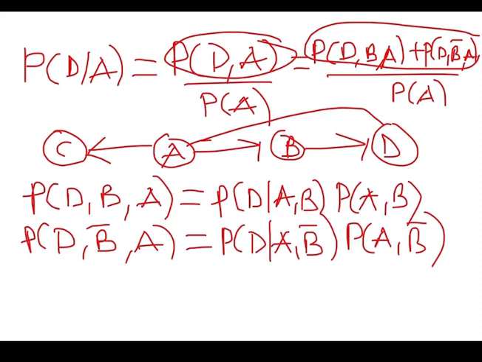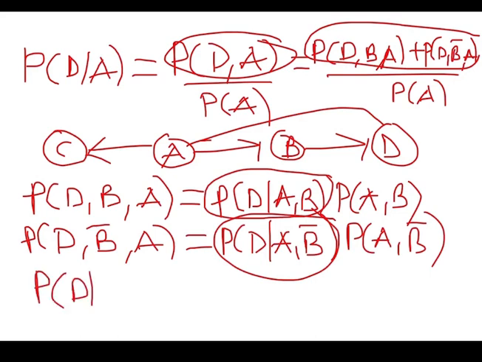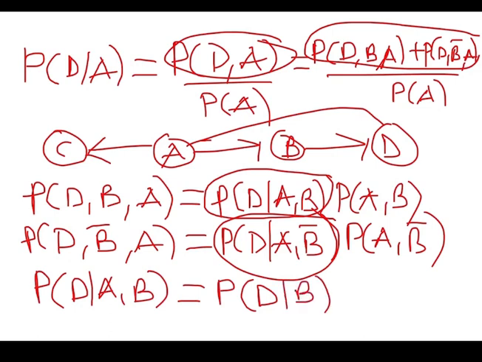Any question? Okay. Now the next thing I want to do, if you take a look at this and this, I want to write them differently. The probability of D given AB can be written as, according to the picture, D directly depends on B, right? So I'm going to call that equal to that.